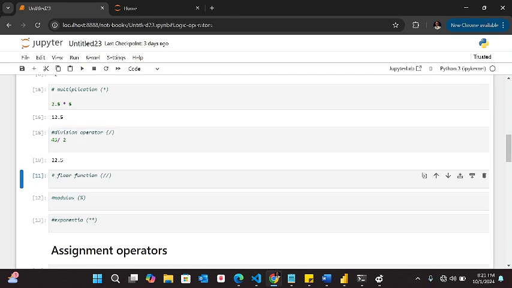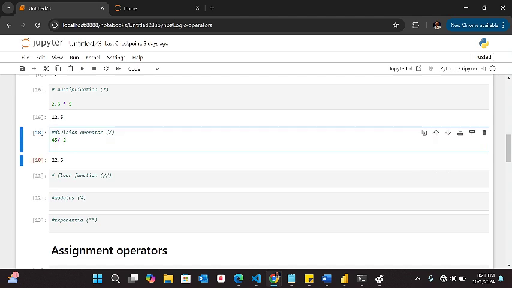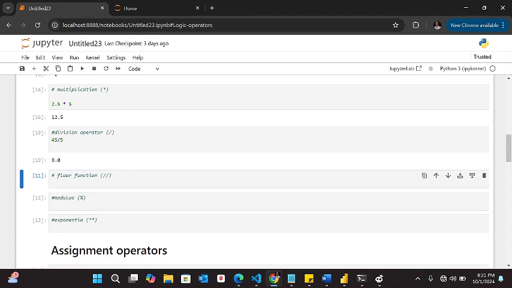It gives us 22.5. We have 40 divided by 2 or 45 divided by 5. So all the values of this division are given in decimal points, right? That's what we have with the division operator.